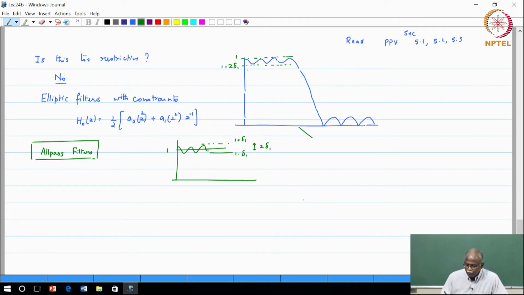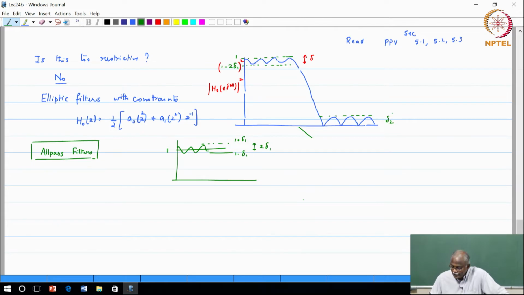So, if I were to plot the magnitude squared, H naught E of j omega magnitude squared, this would be the squared response. If I call this delta, the total deviation for the squared response, what will this be? This typically would have been called delta 2.